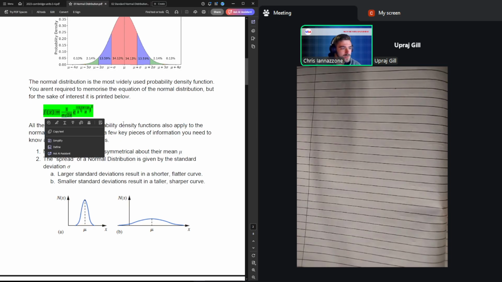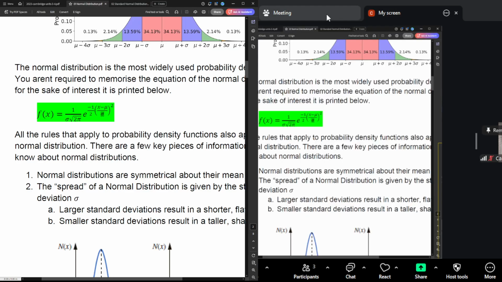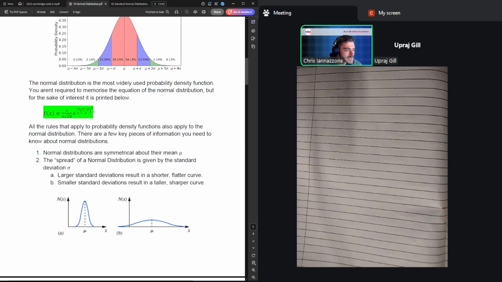You'll notice the standard deviation term as sigma, the mean as mu, and then you've just got your x, and e is just Euler's number. Pi, of course, pi. Yeah, it's still just some function, f of x.